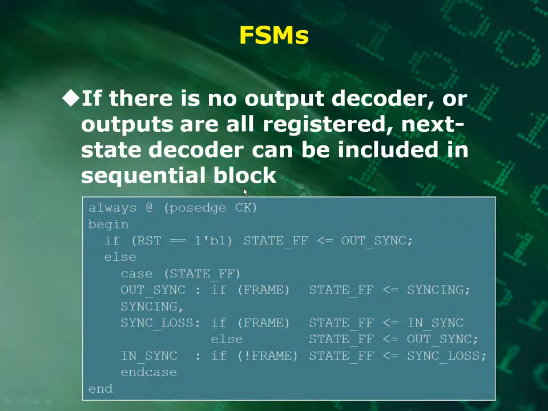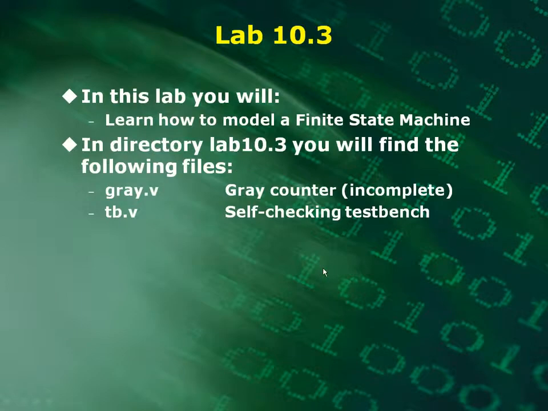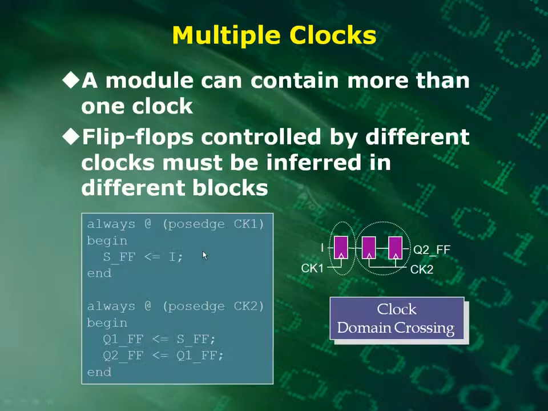So this is another method that you can use. In Lab 10.3, you're going to learn how to model a finite state machine, and there are directories in there that have code for you to play with. So that's basically how you create your state machine. We'll look at some more examples of that after the class.